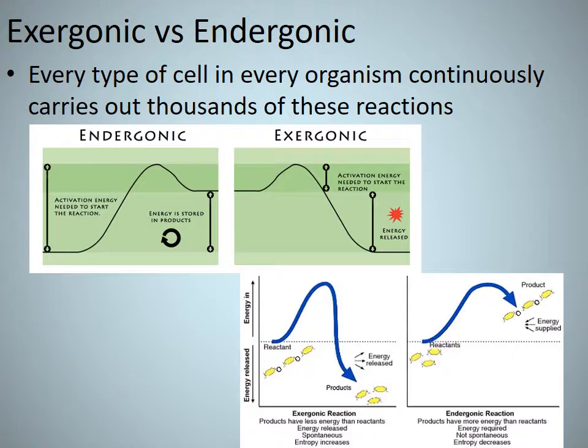Our cells use both types, okay, exergonic and endergonic reactions. Our cells will use ATP to drive endergonic reactions. And our cells carry out, again, thousands of chemical reactions.